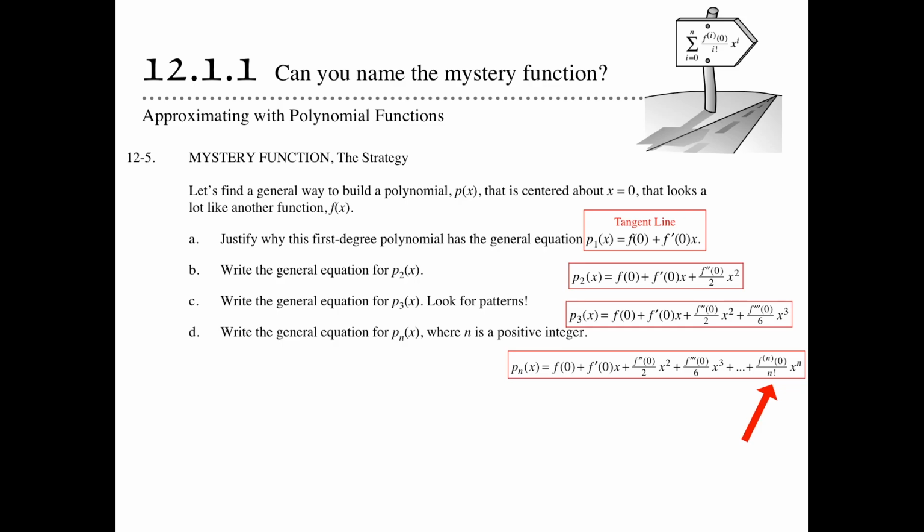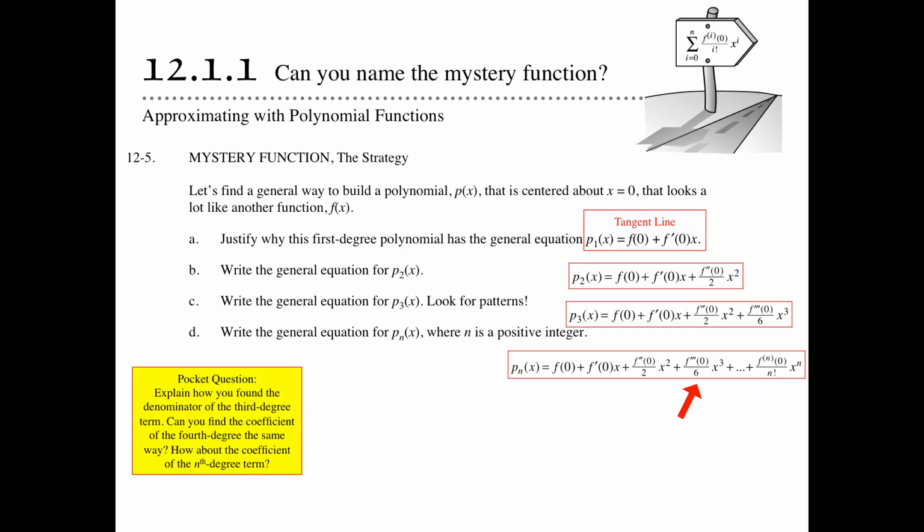So as you circulate, if you notice a team is struggling to make this connection, have a few pocket questions ready to use. For example, you could direct a team to examine the 6 in the denominator of the third degree term and ask them to explain how they found that 6, which they found by multiplying the exponents of all the previous terms. Then ask them to find the coefficient of the fourth degree term the same way.